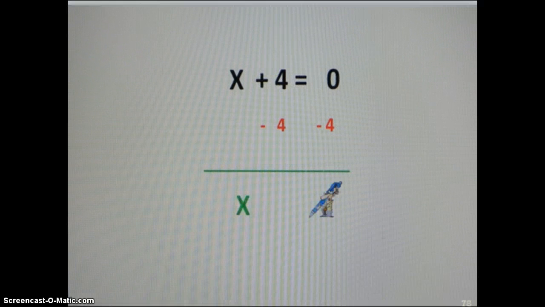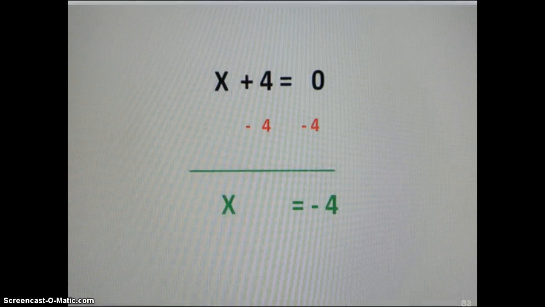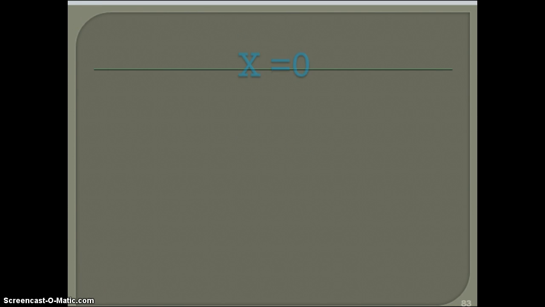And we get x equals negative 4. So, our two answers are x equals 0 and x equals negative 4.